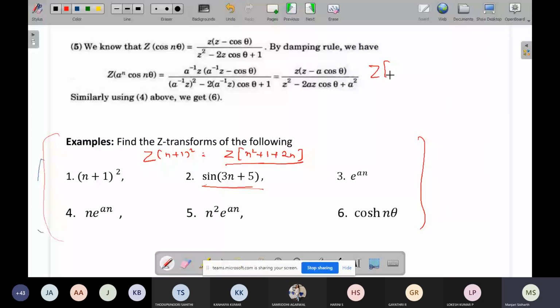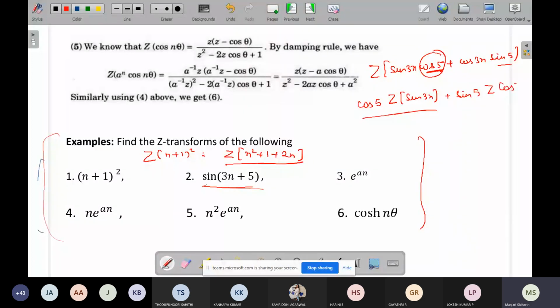So z transform of sin 3n cos 5 plus cos 3n sin 5. Now cos 5 will be treated as constant because it is independent of n. So cos 5 you can take outside, and z transform of sin 3n. Similarly sin 5 you can take outside, and z transform of cos 3n.